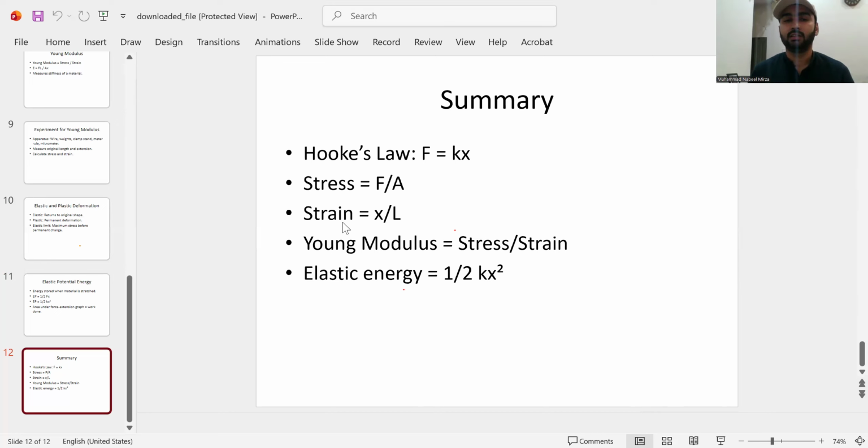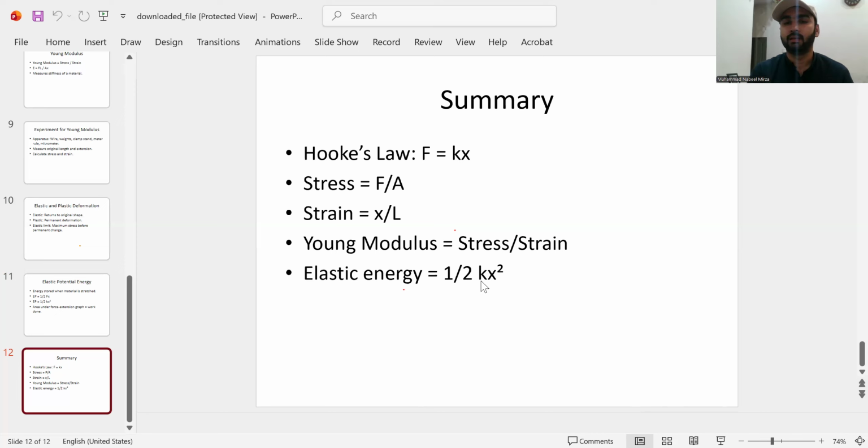The elastic potential energy stored in an object that we apply force to change its shape is equal to 1 over 2 multiplied by kx square. k means the proportionality constant of the material, according to the material's value. What material do we use?